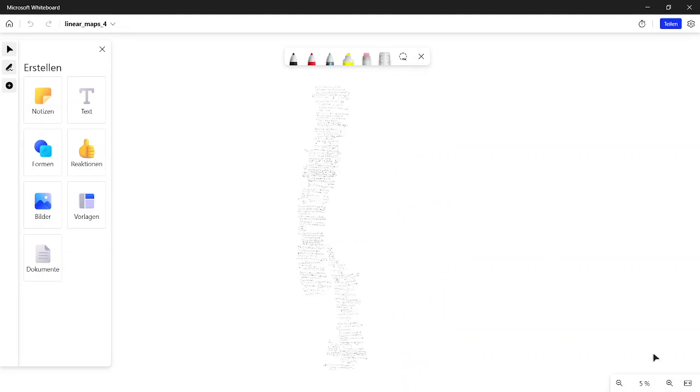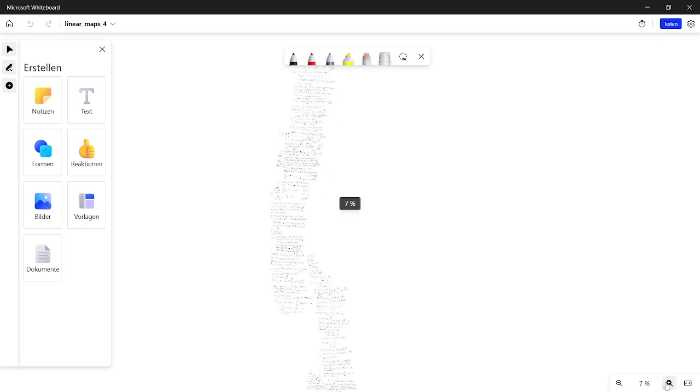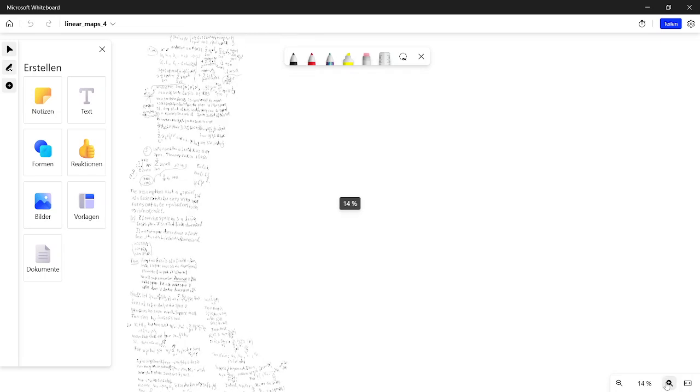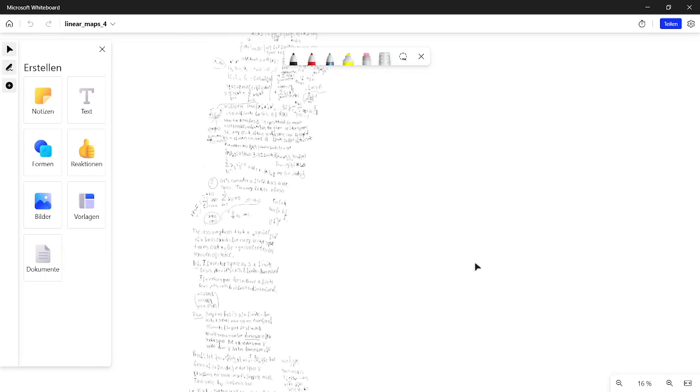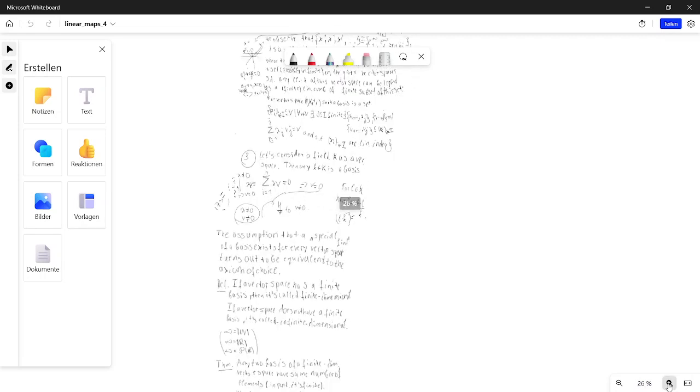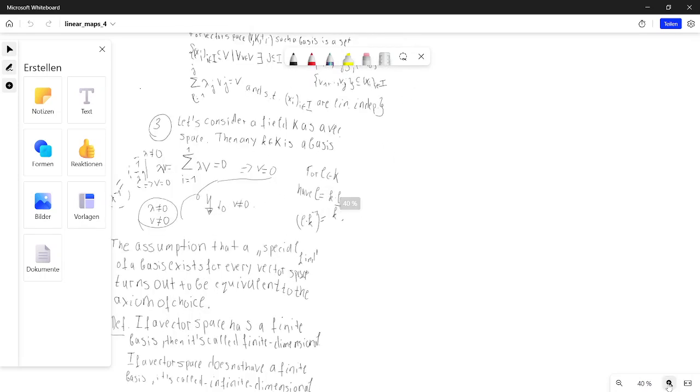Okay, that's a little bit comfy. Field. Okay, so it was space.